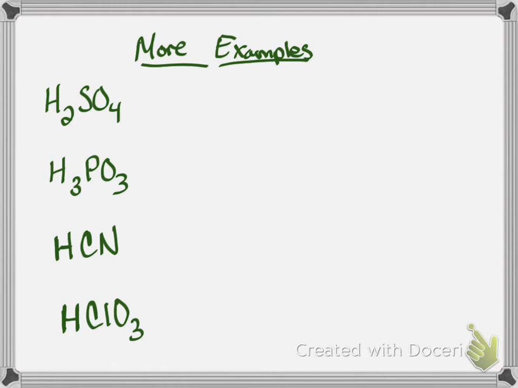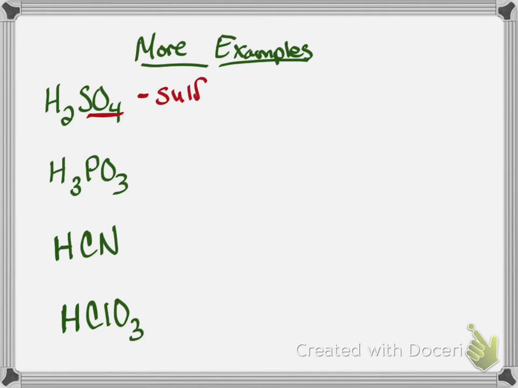What you should do right now is pause the video and see if you can name these. And then after you see what I name them, go back, rewatch, and see how you do this. Okay, so the first one, after you've paused it and tried them on your own, this is SO4, sulfate.